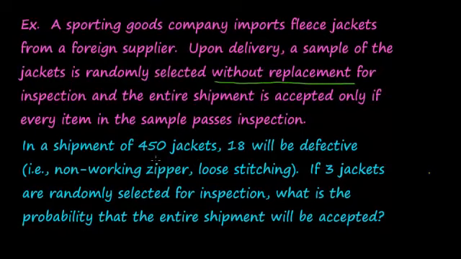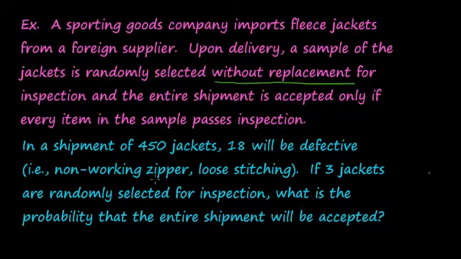So, in a shipment of 450 jackets, 18 will be defective from this supplier. A defective jacket means that it might have a non-working zipper or loose stitching. These are examples of defects that might turn up when inspecting the jackets.